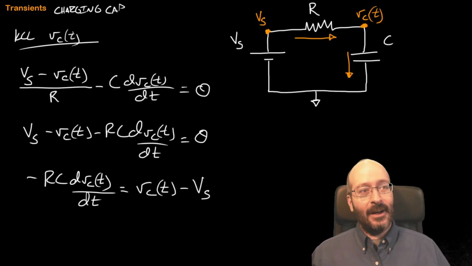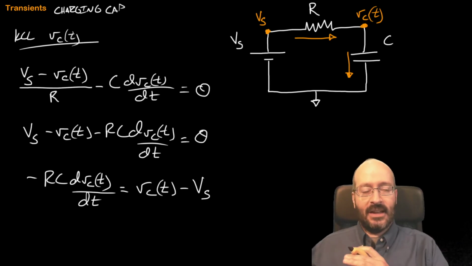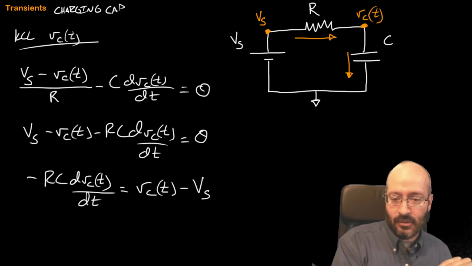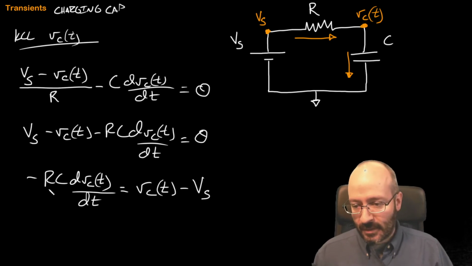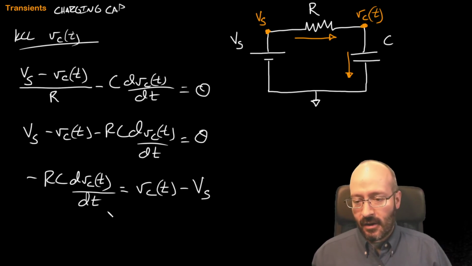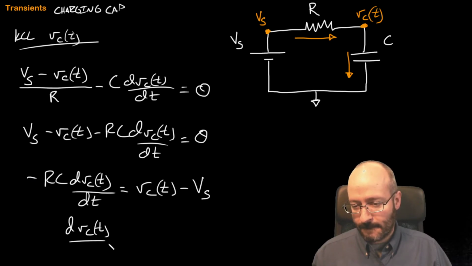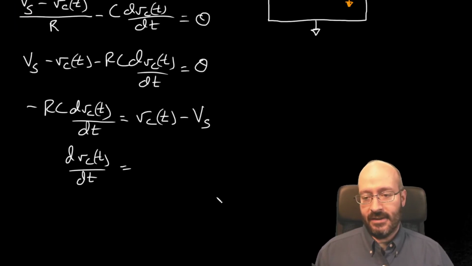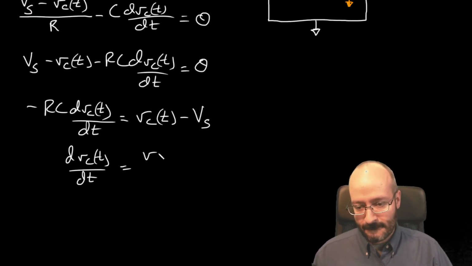So still trying to get all of our VCs on the left and all of our T's on the right. So we've got to break some of this stuff up. I want to bring RC down for starters. So I'm going to divide both sides by negative RC.